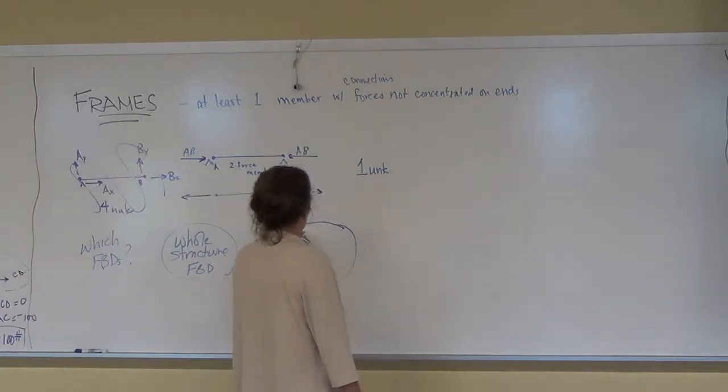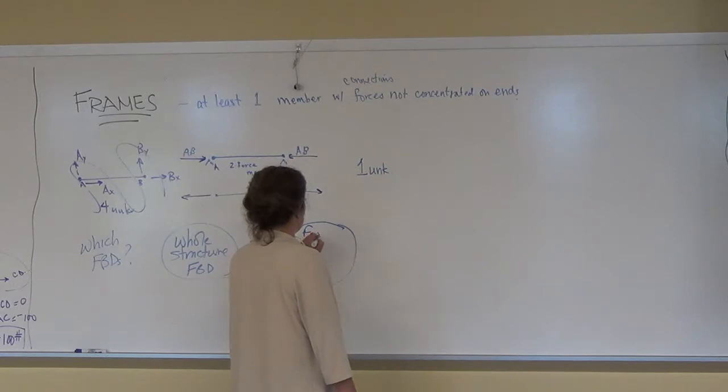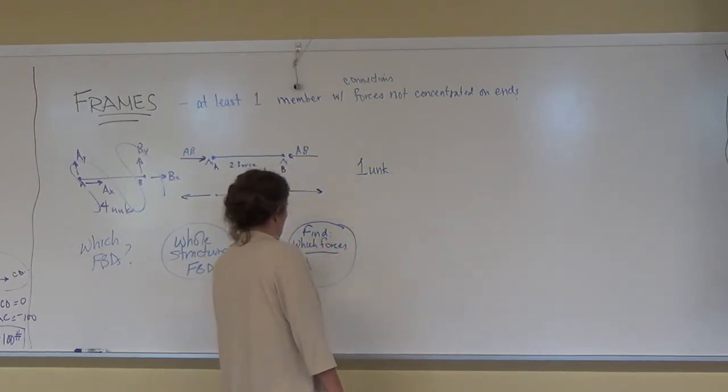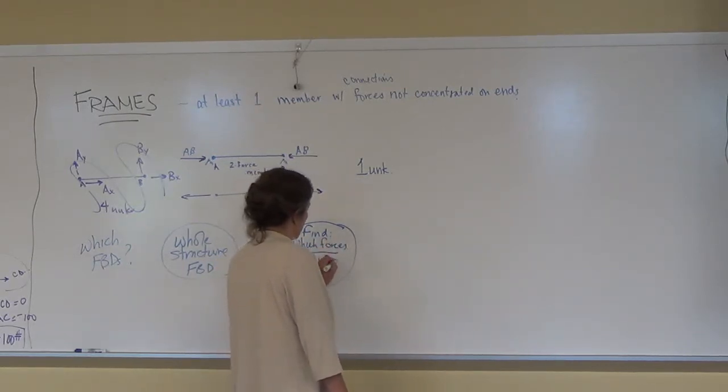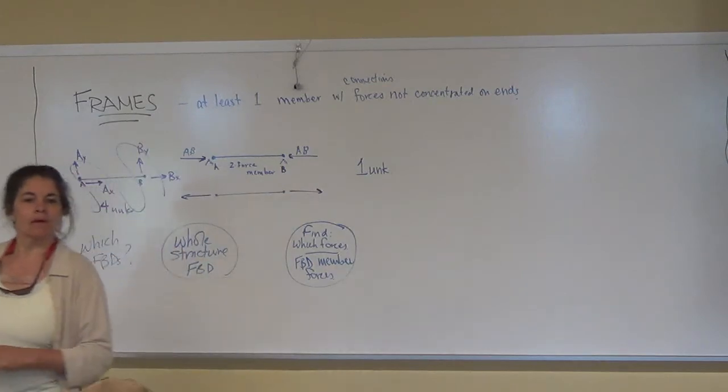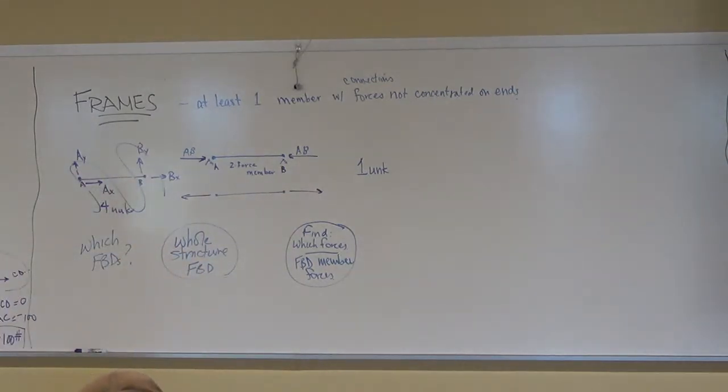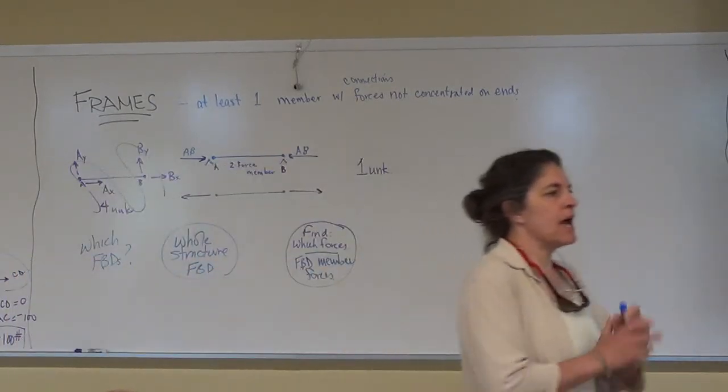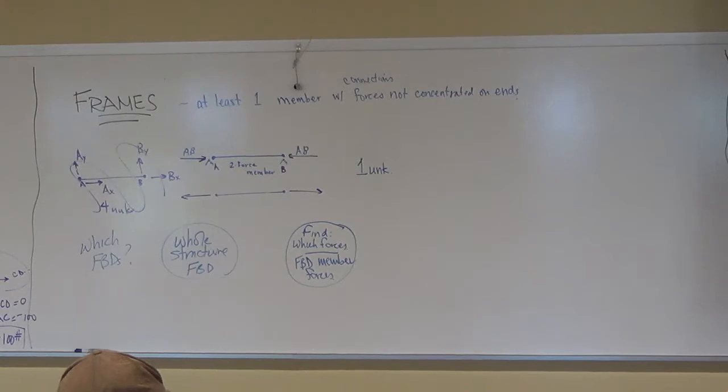So for the find information, they tell you which forces you need to find, and we typically drew a free body diagram of the member that had the forces in it. Right?